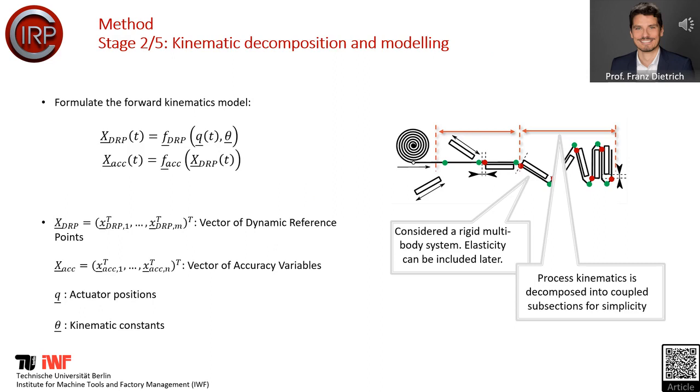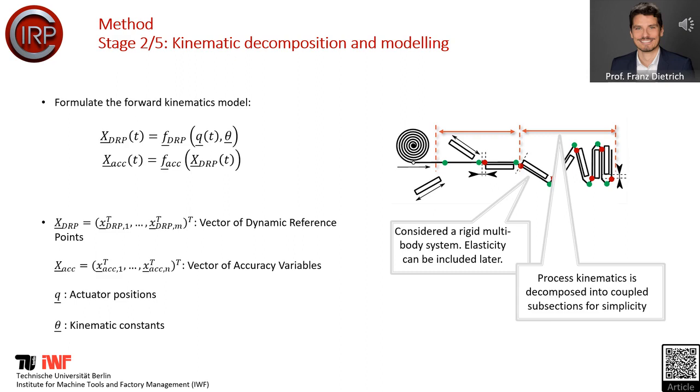In stage 2, the kinematic decomposition and modeling takes place. The kinematic decomposition can be seen on the sketch on the right-hand side, where the kinematic system is decomposed in multiple stages. This is to simplify the kinematic model in each of the sections and then to couple them by dynamic reference points.